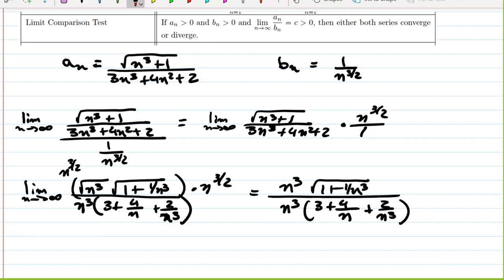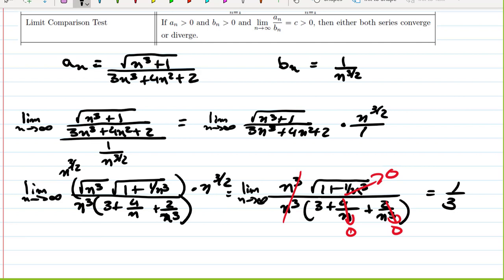So finally, our n cubes reduce out. I left off my limit: the limit as n goes to infinity. So then as n goes to infinity, that goes to 0, that goes to 0, and that goes to 0. So my limit converges to 1/3.